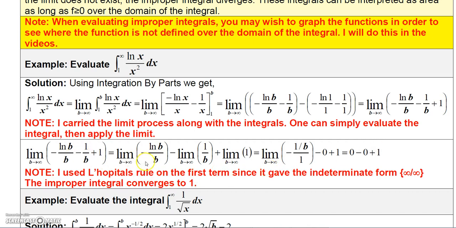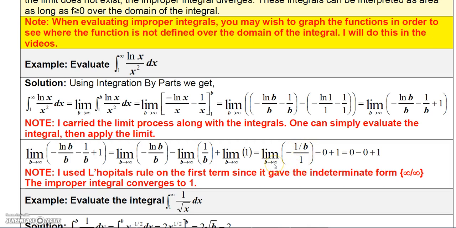For the first term, I just use L'Hopital's rule, because if b goes to infinity, you get infinity over infinity here. L'Hopital's rule says you can take the derivative of the top over the derivative of the bottom, and then take the limit. The derivative of natural log of b is 1 over b, and the derivative of b is 1.